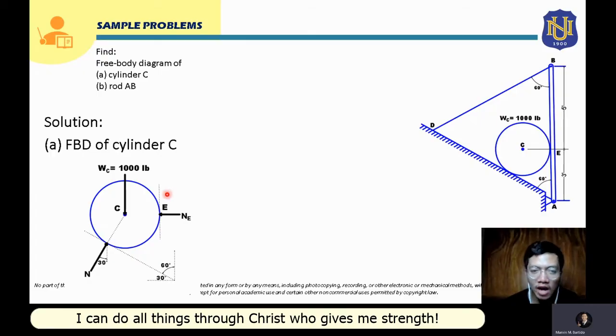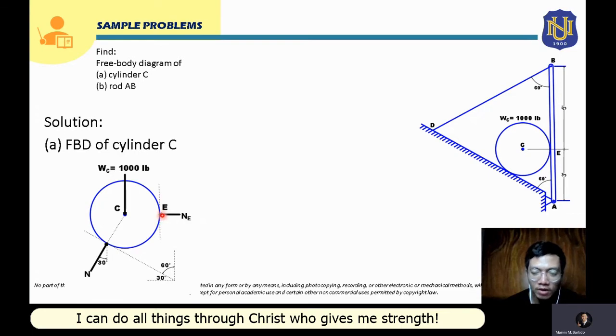And we also have here a support that this bar AB provides. This will be equivalent to the reaction force that a frictionless surface provides. In this case, it will provide a normal force, which we will name as N sub E. Its point of application will be at the point of contact of this cylinder and rod AB.